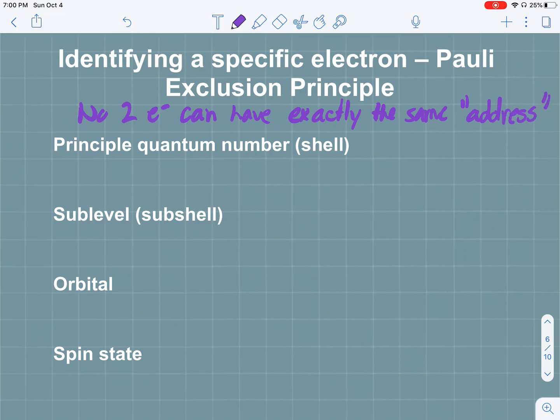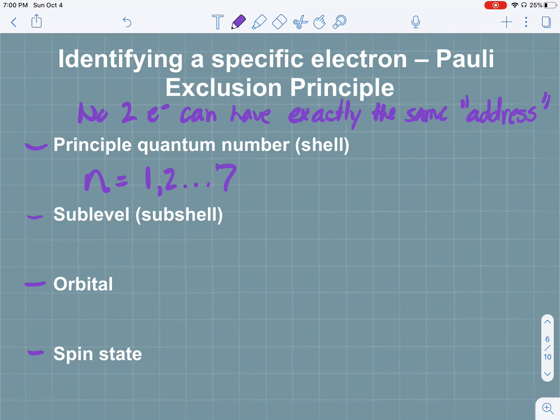So no two electrons can have exactly the same principal quantum number, sublevel, orbital, or spin state. So the principal quantum numbers are symbol n, and that is the sequence 1 through 7.